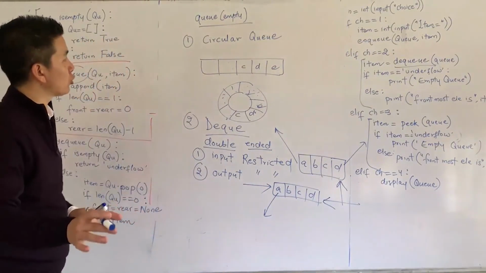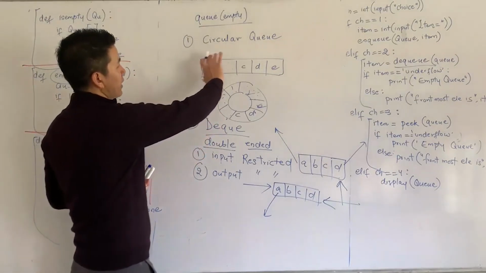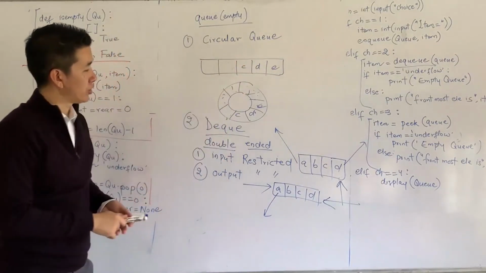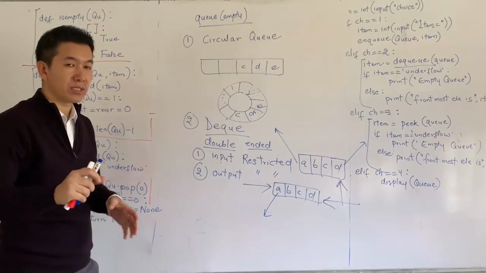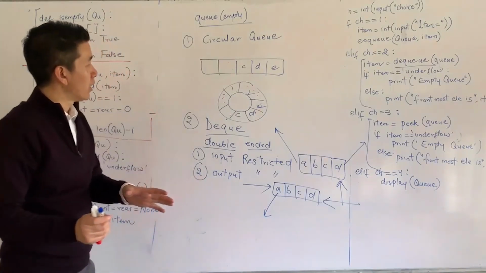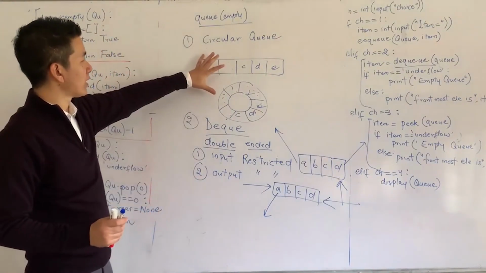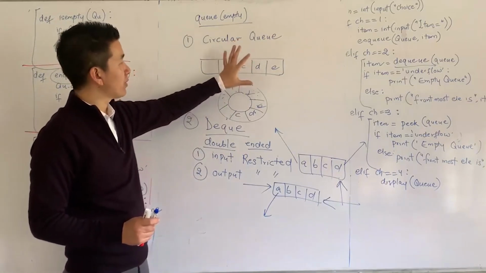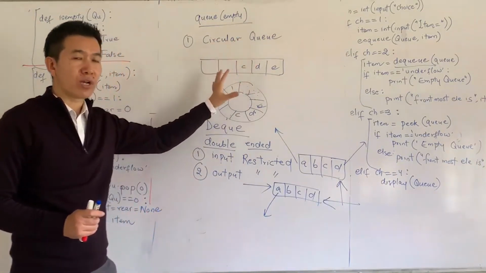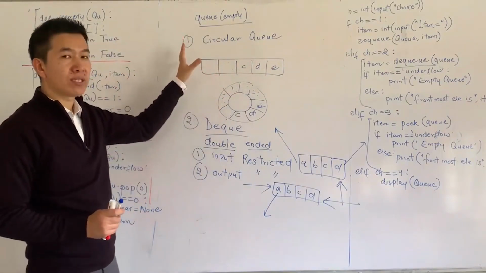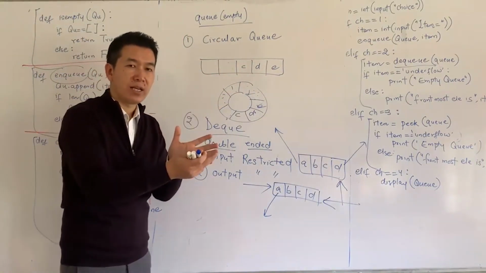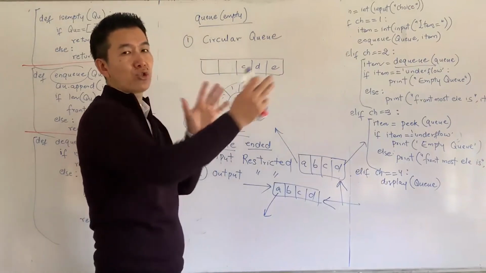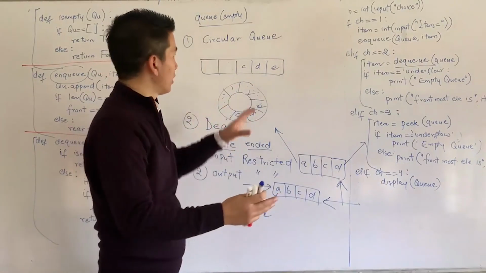So you just need to know the basics on circular queue and DQ. How it's implemented is not a part of your syllabus, but I just want to focus a little bit on the circular queue. Circular queue is never a problem in the Python programming language, because the queue is implemented in the form of a list. Like I said, a list grows and shrinks dynamically.